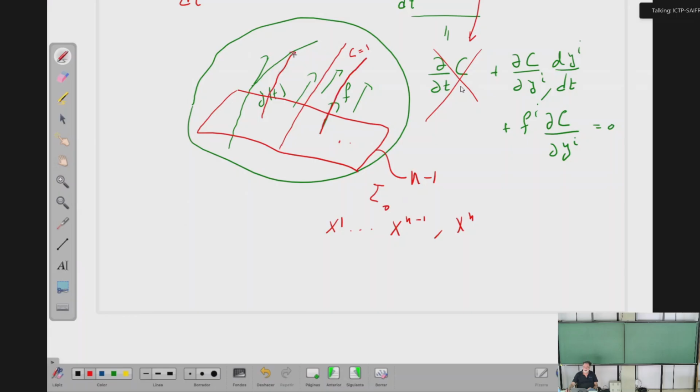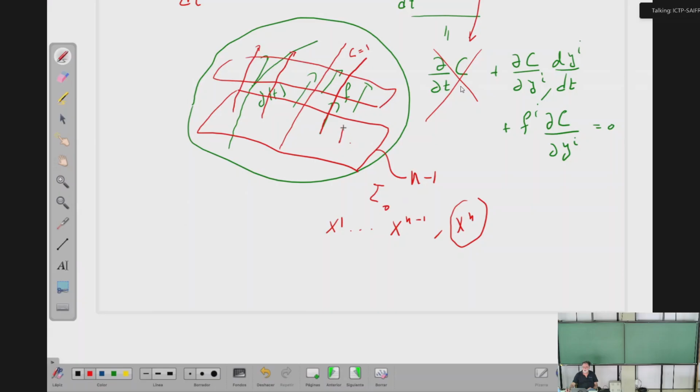I'm moving around this direction, I go through these curves. So I keep the other ones fixed. So this coordinate system now is constant. I take constant along this up to here. See?